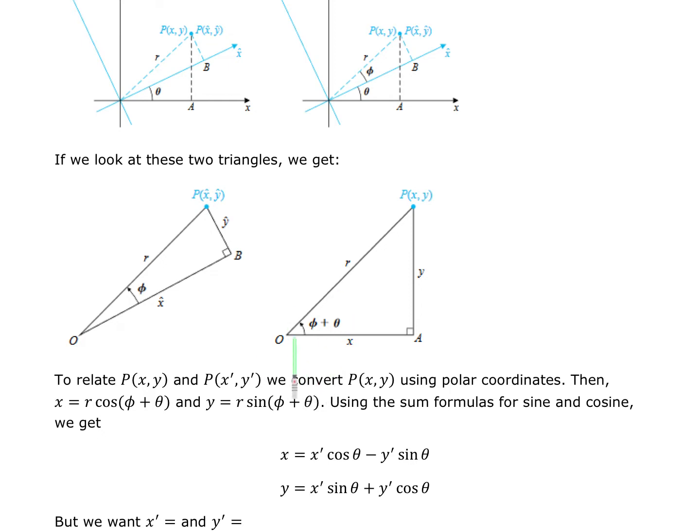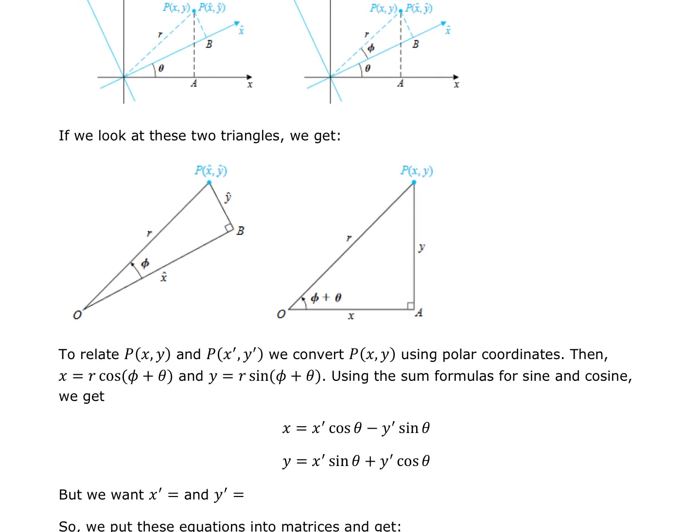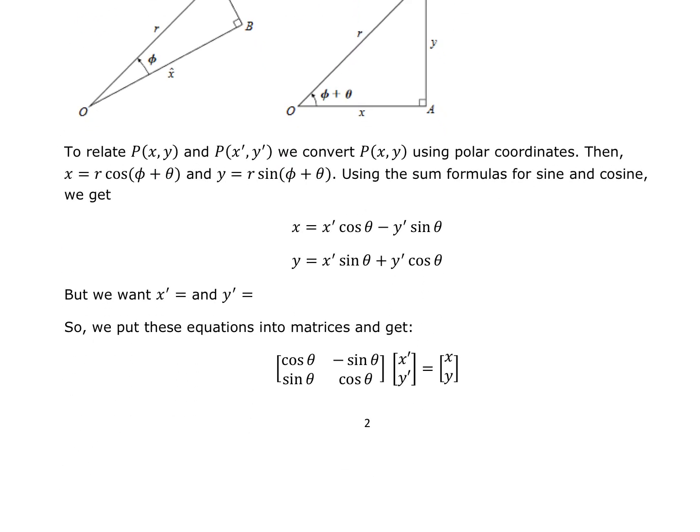Then the entire rotation is the angle phi plus theta, with x, y, r in the xy axes. We end up with these two equations. I can replace x with x prime cosine theta minus y prime sine theta, and I can replace y with x prime sine theta plus y prime cosine theta.